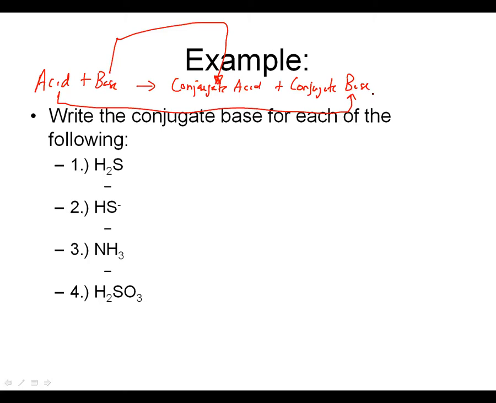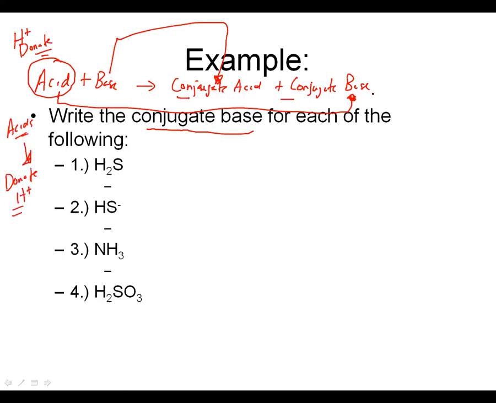So in this particular case, we're looking for conjugate bases. And that means that what we are starting with is actually an acid. So you could basically go by the definition of an acid, and that is somebody that's going to donate an H plus. So sometimes it's helpful to ask what am I looking at?